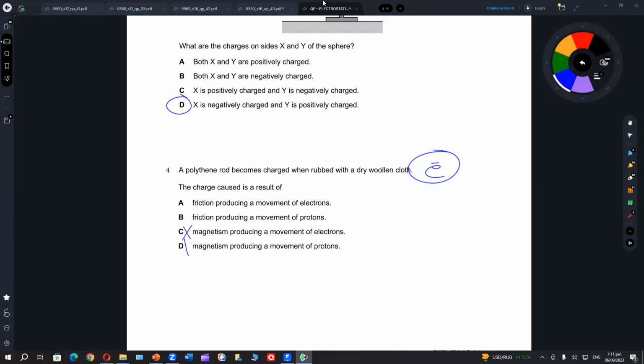Magnetism has nothing to do with this concept. Okay, Asad is saying the answer is A. Second student also, please. Maha, I think. Okay, good.